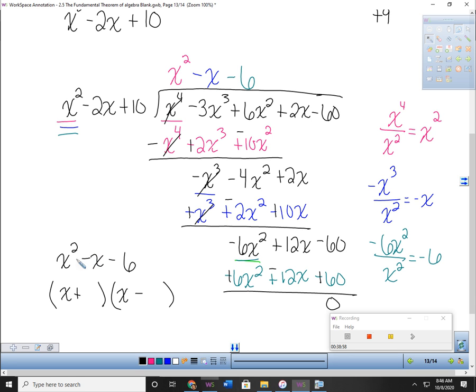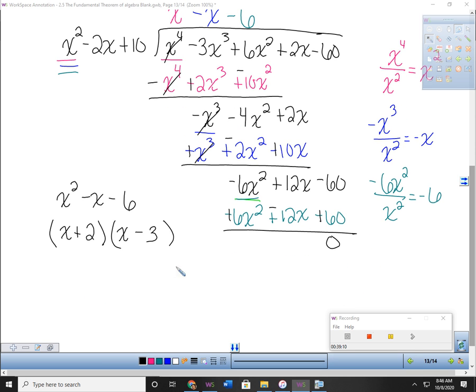And since I want the middle to be negative, I'll put the 3 here and the 2 here. So when I solve by setting these equal to 0, I'm going to get negative 2 and positive 3. Those are 2 zeros, and then the other 2 were the 1 plus or minus the 3i. So there are my 4 zeros.